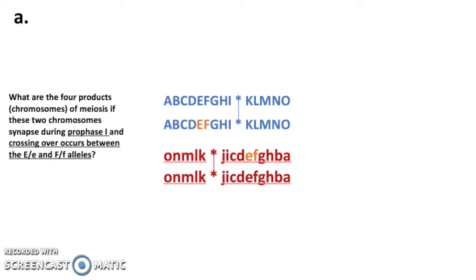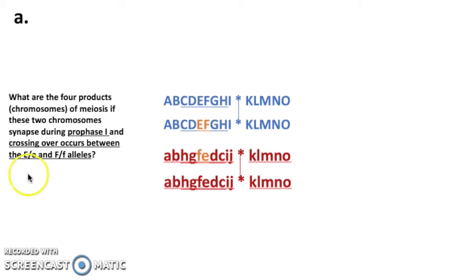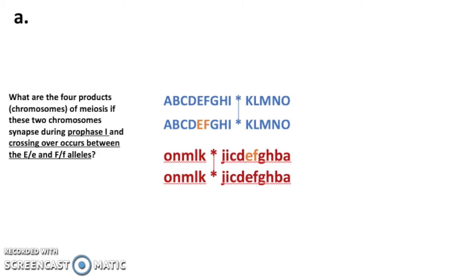Now you can see here, let me back up really quick, that right now the F lines up with the E and the E with the F, so they aren't perfectly matched. So to make this crossing over a more likely situation, I'm going to flip the maternal chromosome around, so it's basically written backwards here.